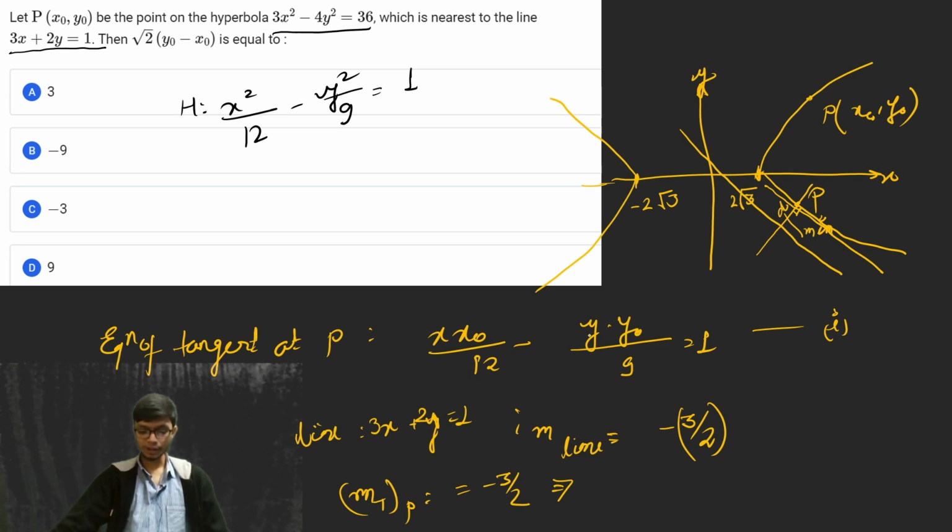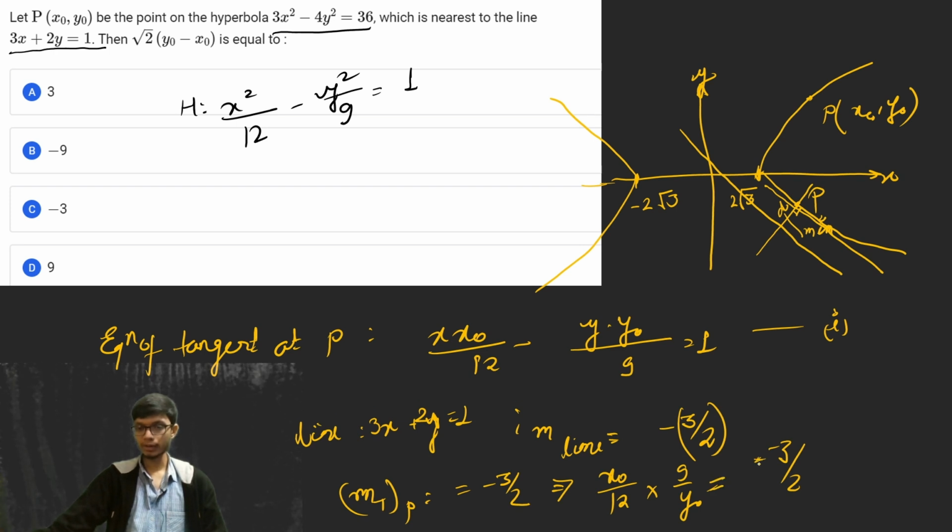So the slope of the tangent at point P is equal to x naught by 12 into 9 by y naught, and that is equal to minus 3 by 2.